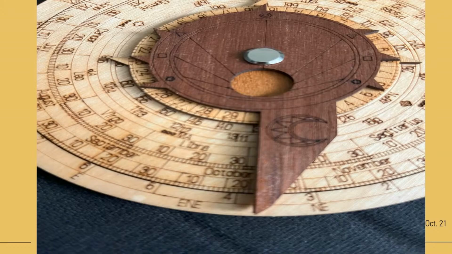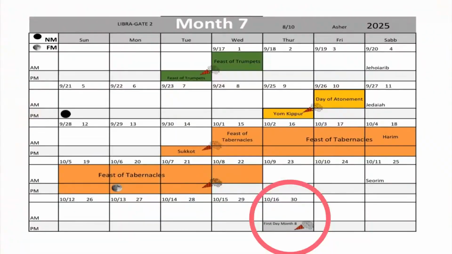Okay, so we're on October 21st. So again, we're trying to confirm the 7th month. Now, I'm going to go to my next screen here. So again, what I have for my 7th month began on September 17th and ends on October 16th.